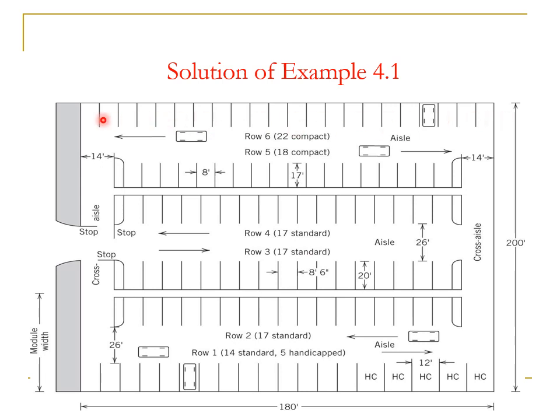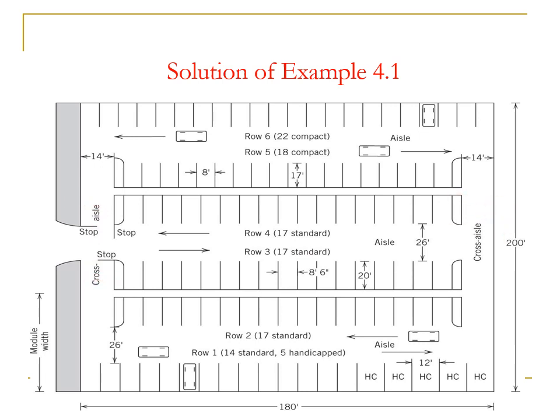Here we can use the whole length for compact size, which means we can accommodate 22 compact size cars. Here we can only accommodate 18 compact cars because on this side and on this side we are leaving some space for the cross aisle. Here again we can only accommodate 17 standard cars and we leave some space for the cross aisle.